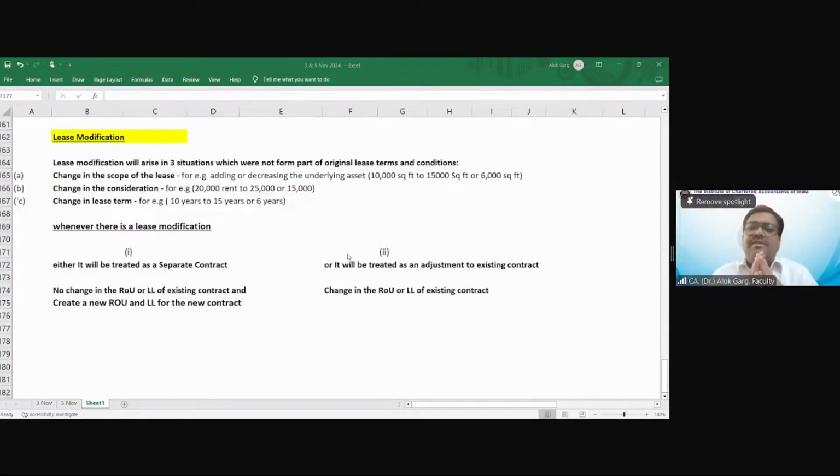Now the question is, sir, when will a lease modification be treated as a separate contract? Standard says that if there is a change in the scope of the lease, like your lease scope is increasing, and that increase is in line with the market rentals, in that case, that increase will be treated as a separate contract. Sir, iska kya matlab hua?